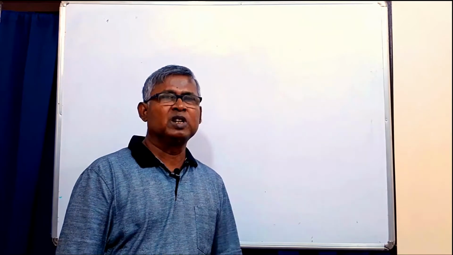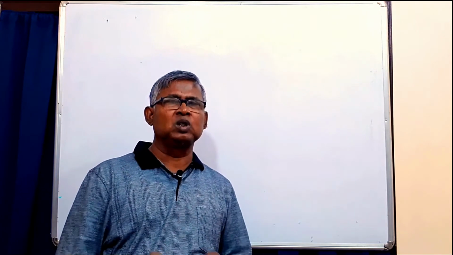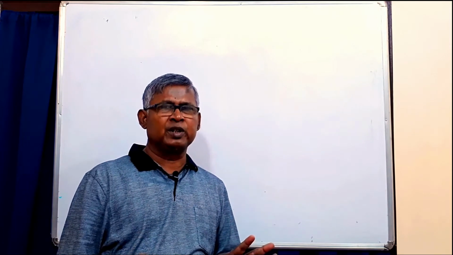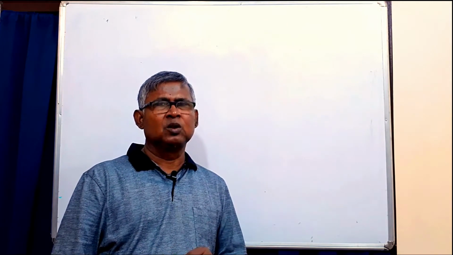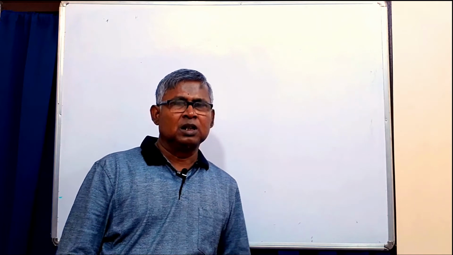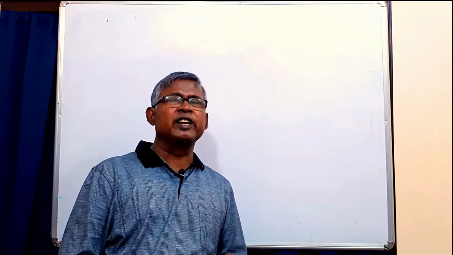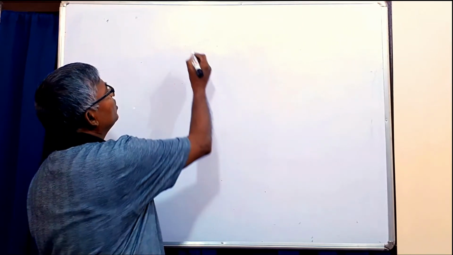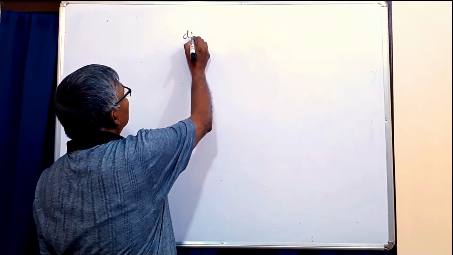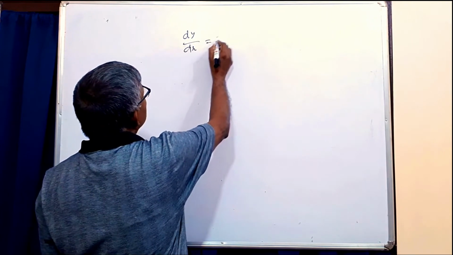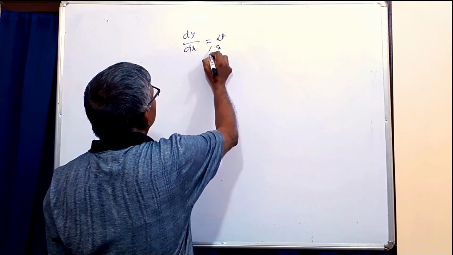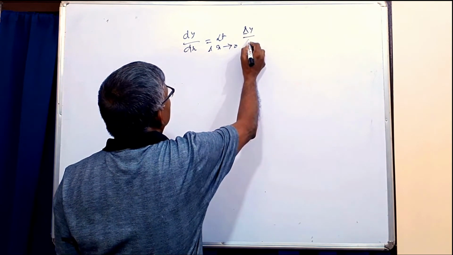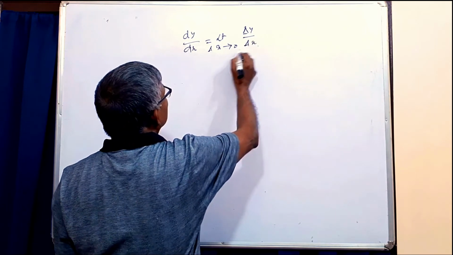Students, in my introduction I have already told you differentiation is closely related to limit and continuity of a function. Now let us see how they are related. Since you know dy dx equals limit delta x tends to 0 of delta y by delta x.